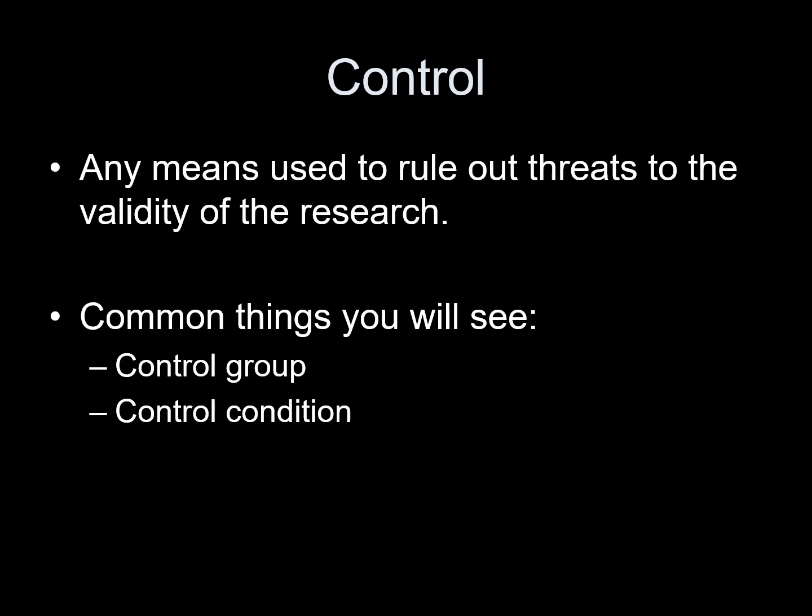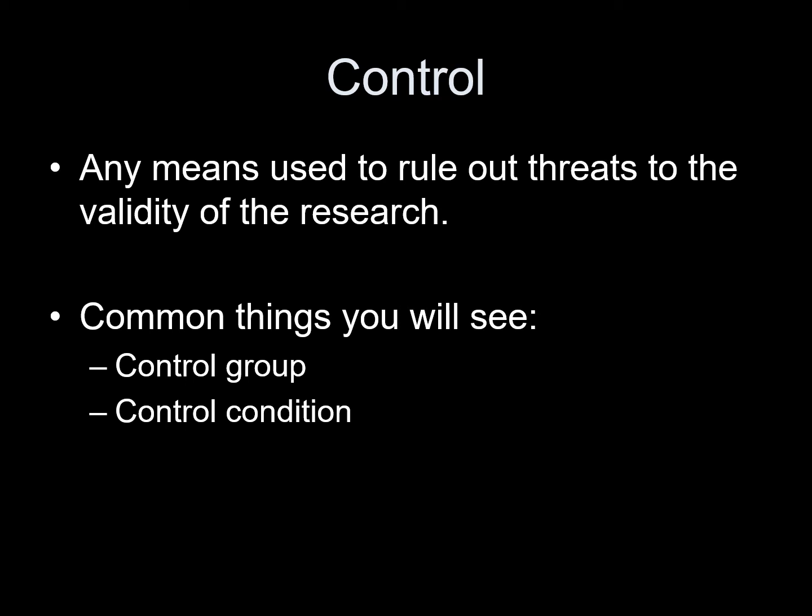Okay, so what is control? It's basically any means used to rule out the threats to the validity of the study. Okay, and the common things that you see are the control group as well as the control condition. All right, so the control condition is basically when a subject uses themselves as their own control, which involves some sort of within-subjects design study.